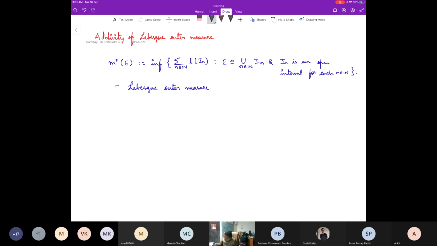Okay, so we saw some of its properties. The main thing is that this was introduced to extend the notion of length, and we saw that m star of I is equal to the length of I if I is an interval.